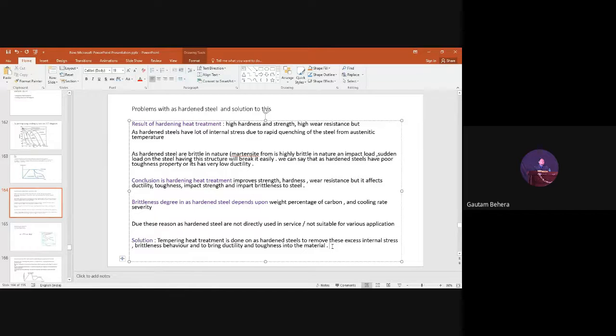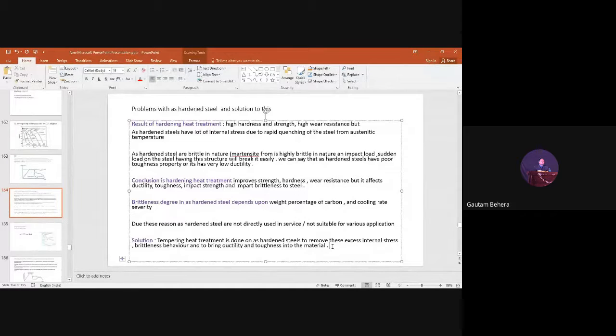So you understand, there is a heat treatment called tempering. Whenever we do hardening heat treatment of the steel, the next treatment will be tempering. Anyhow, you have to give tempering after hardening to bring ductility and toughness into the steel.